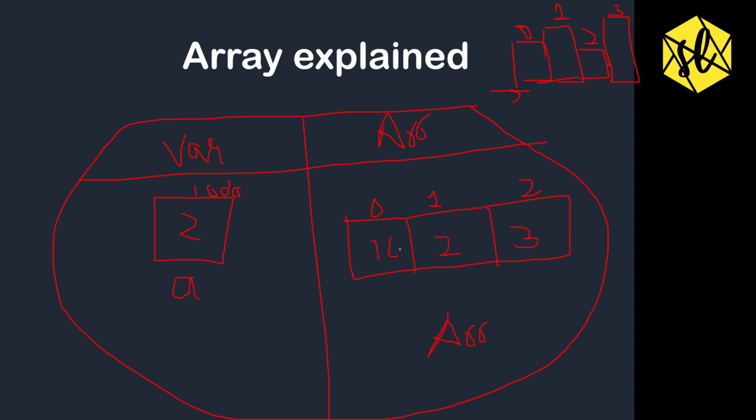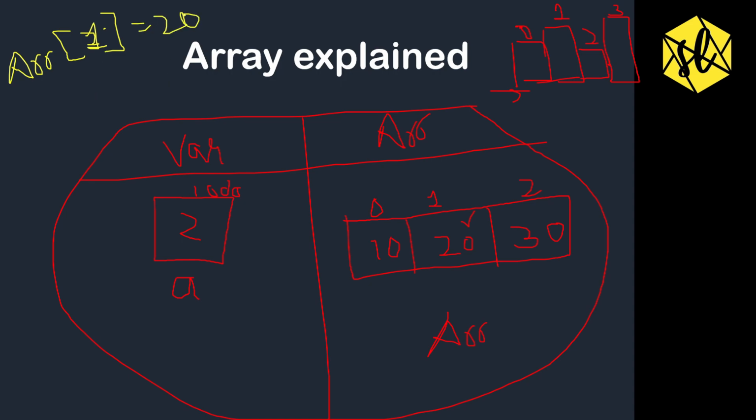Let's change this value to 10, 20 and 30 to understand in a much better way. If we want to access 20, what will we do? We will just tell the compiler that we want array of one index, that is 20.